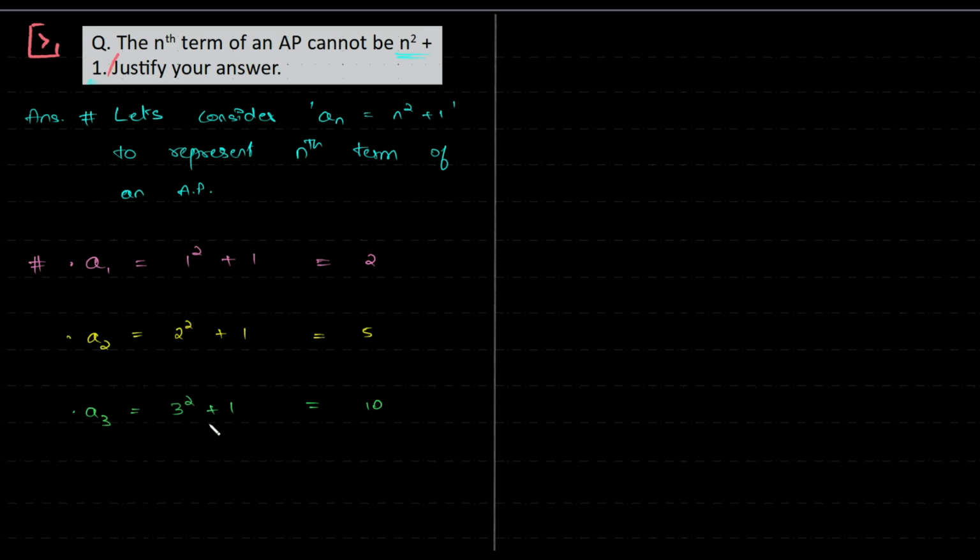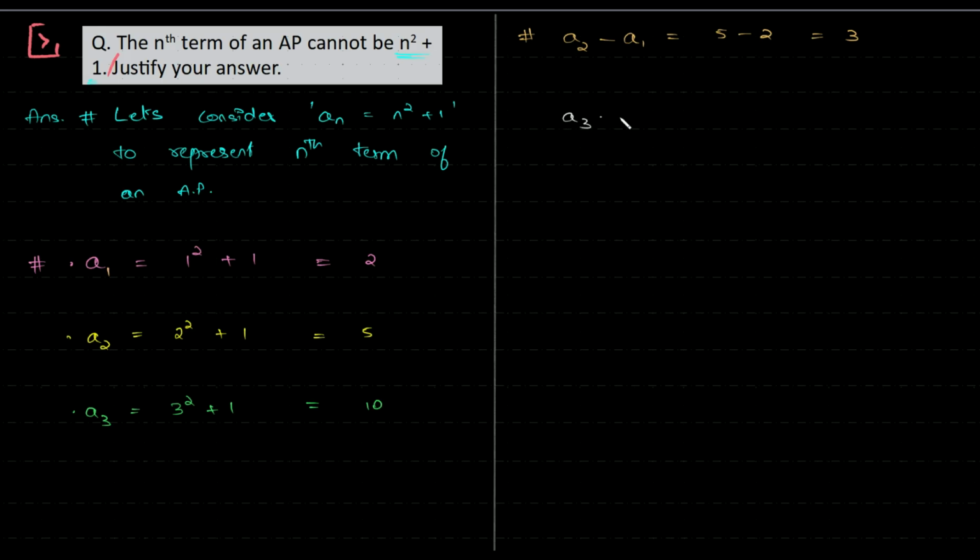First we will find a1, a2, a3. Doesn't matter whatever the expression is, just substitute in place of n, substitute 1, 2, 3. Getting 3 terms is enough, 1, 2, 3, and then find the difference, a2 minus a1. So this would be equal to 5 minus 2, which is equal to 3.